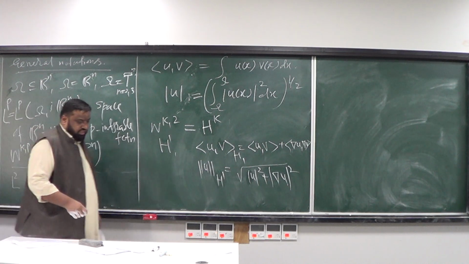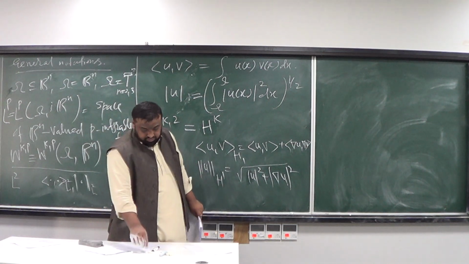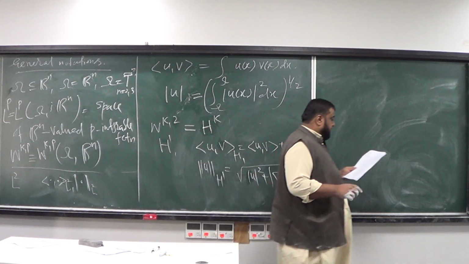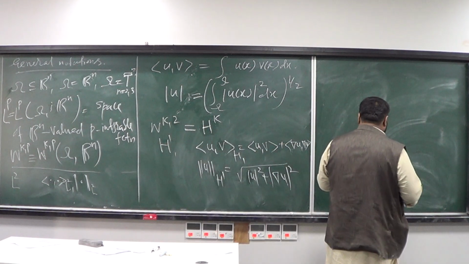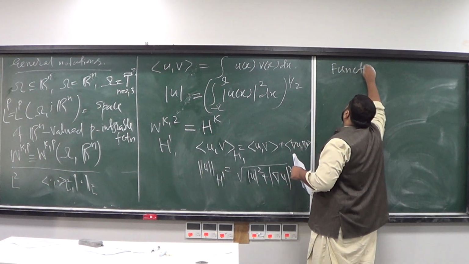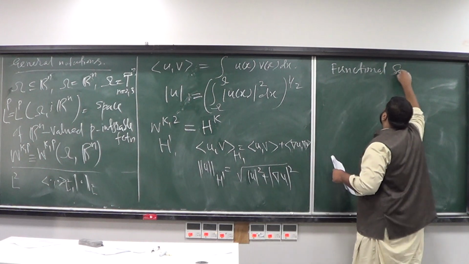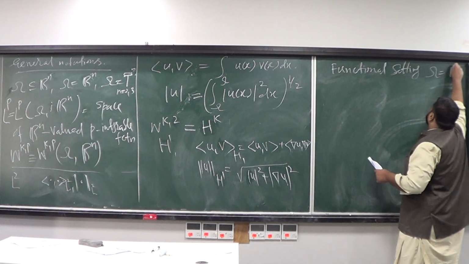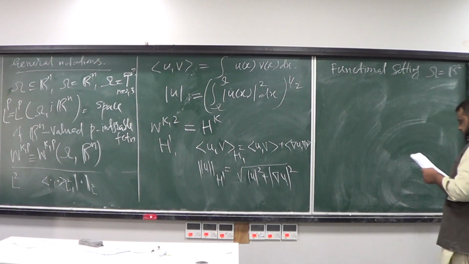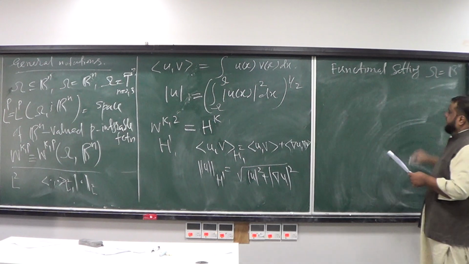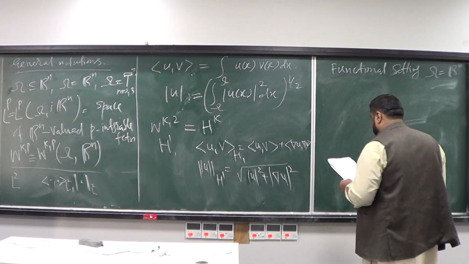So this is generic notation. Now consider the functional setting for the case when omega is the entire R2, which is unbounded, or maybe we'll call it Rn.